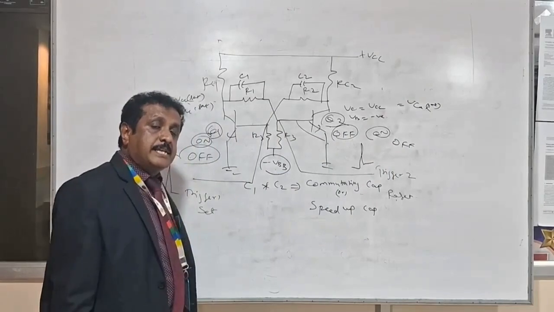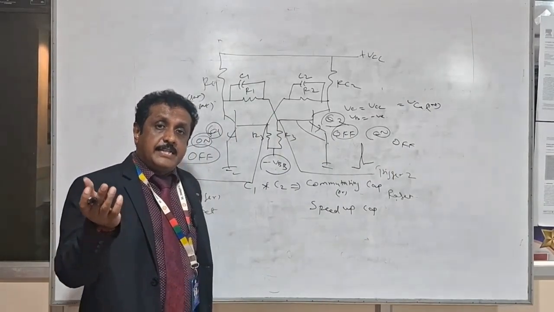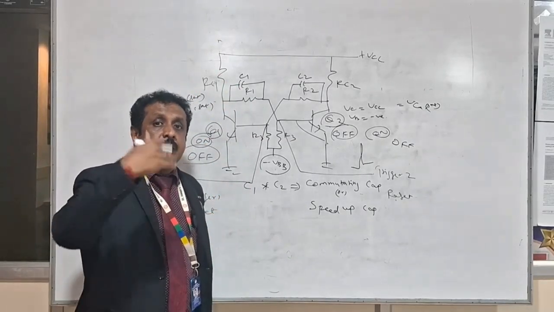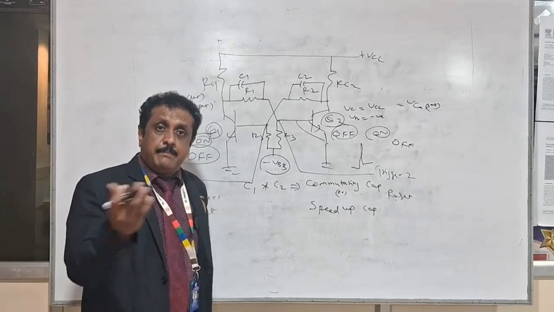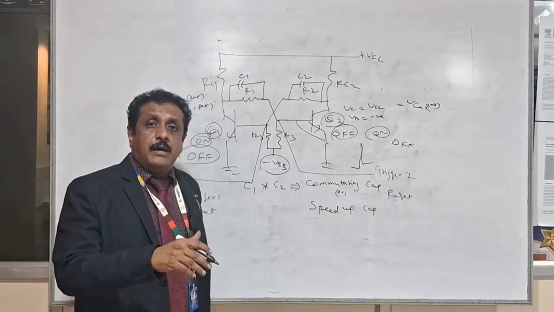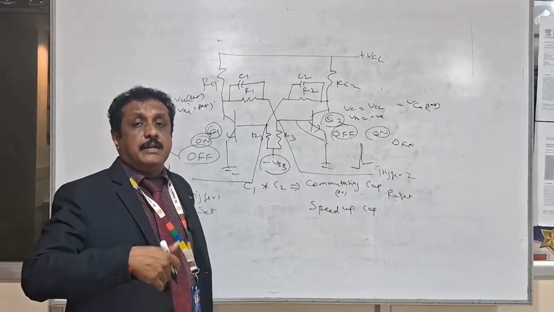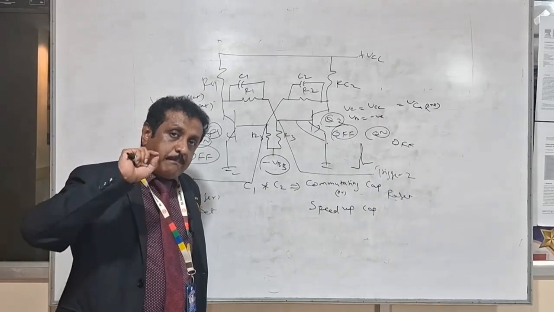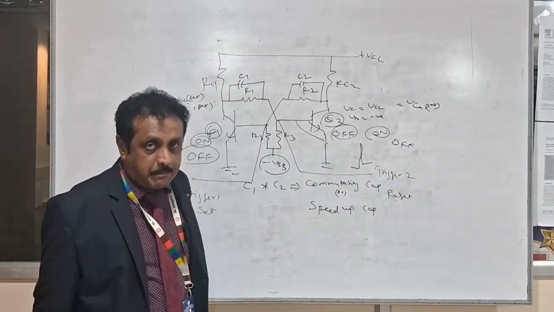Whatever the state changes may be, the entire circuit will remain in that new state until the next trigger pulse is given, whether at set, that is trigger 1, or at reset, trigger 2. Whenever we apply the trigger pulse, the state change will happen.